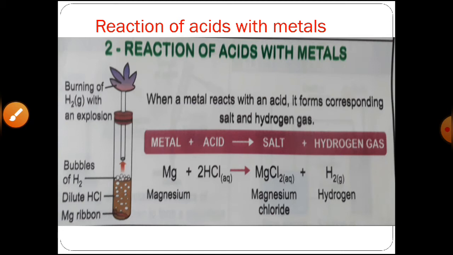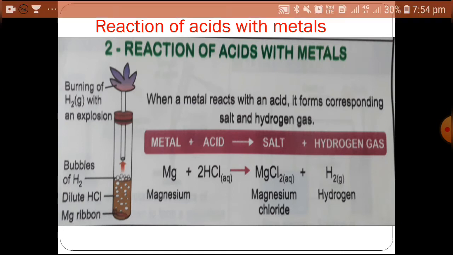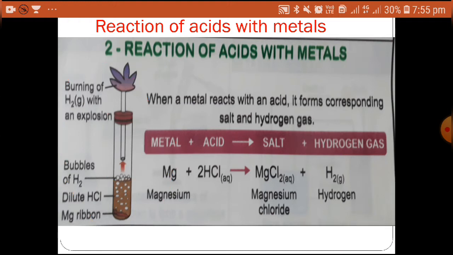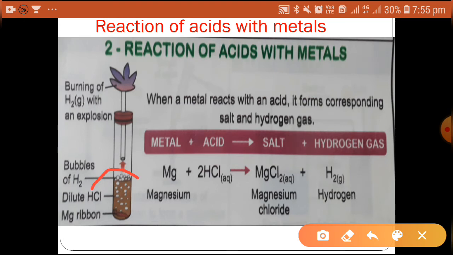Now in this slide you can see an experimental setup. There is a test tube closed with a rubber cork which has a hollow gas tube. What we have to do exactly is take dilute hydrochloric acid and add magnesium ribbon inside that dilute hydrochloric acid.